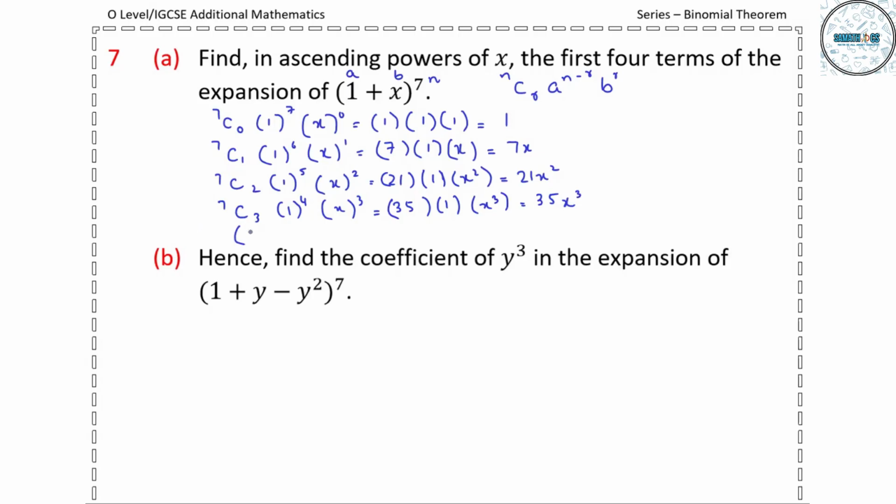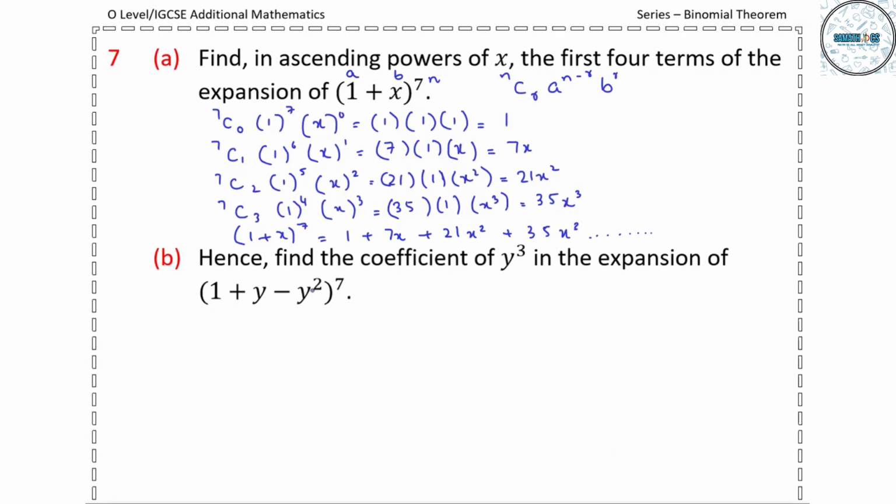So 1 plus x with power 7 is equal to 1 plus 7x plus 21x square plus 35x cube, and so on. As we had to find out just first 4 terms, so we will do the expansion till here.